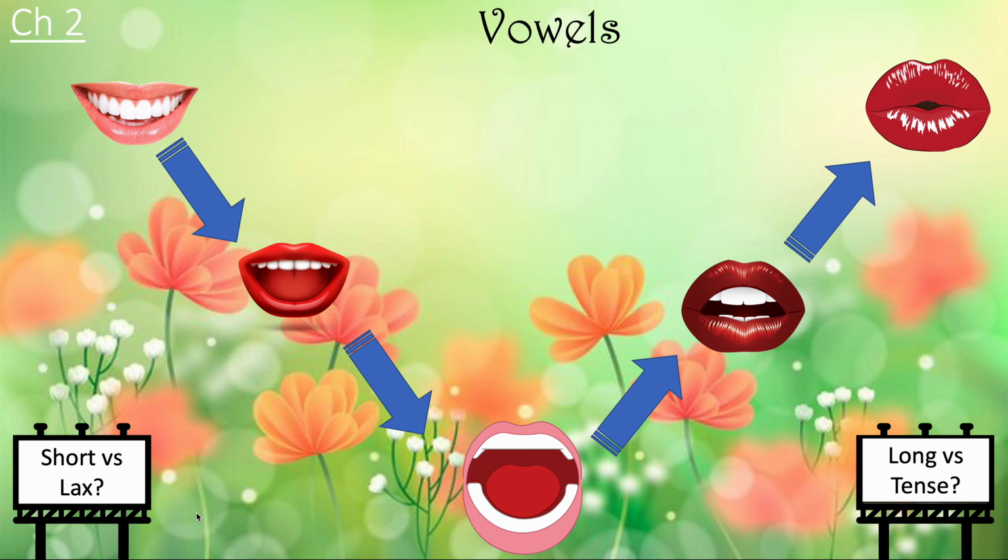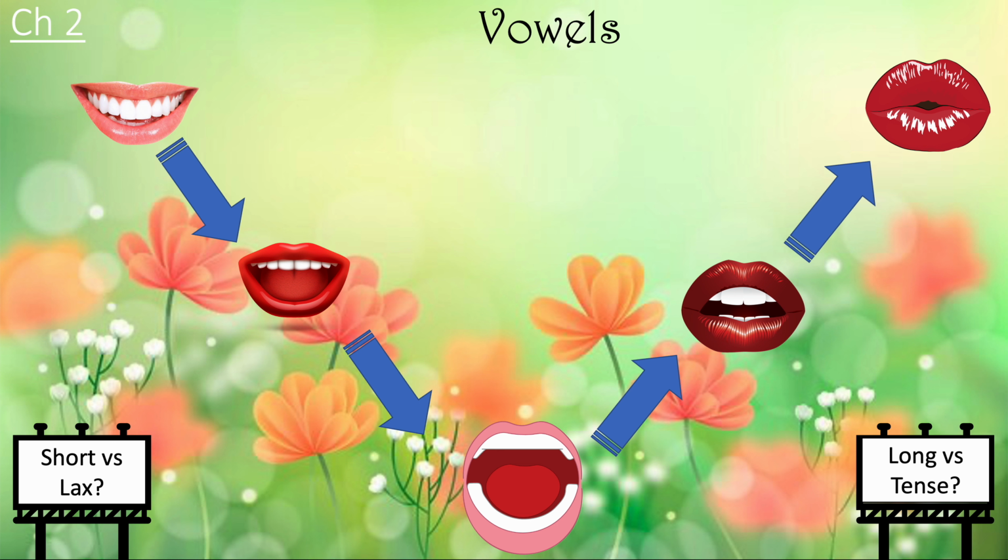If you wanted to start using a more correct term, you might think of using the words lax and tense. With our typical long vowel sounds, our mouths are more tense. We have a little bit more tension in our lips or our tongue. And with the typical short vowels, our mouths are more lax. Our tongue might be a little bit more relaxed or a little less stretched out.